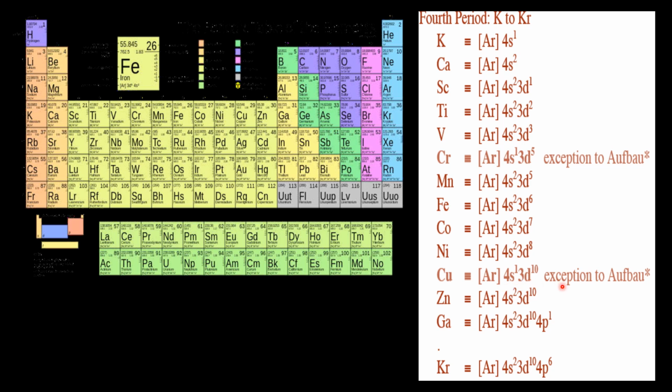At copper we have another exception: instead of 4s2 3d9, we have 4s1 3d10, and then zinc, gallium and so on. The last element of this fourth period is Kr, which has the electronic configuration Ar 4s2 3d10 4p6. So it is again the noble gas configuration. So we can fill the electrons along the period as we go along the periodic table.